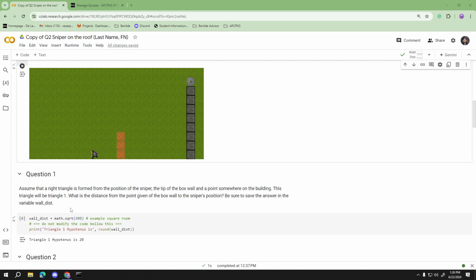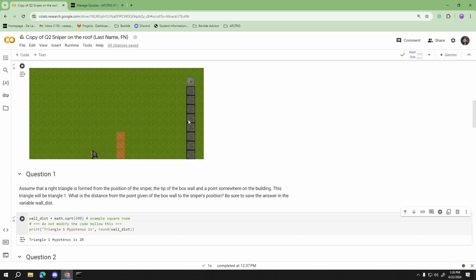Now, question 1. Assume that the right triangle is formed from the position of the sniper, the tip of the box wall, and a point somewhere here in the building. The triangle will be triangle 1. What is the distance from the point given of the box wall to the sniper's position? Be sure to save the answers. It's asking what is the distance from here to here.